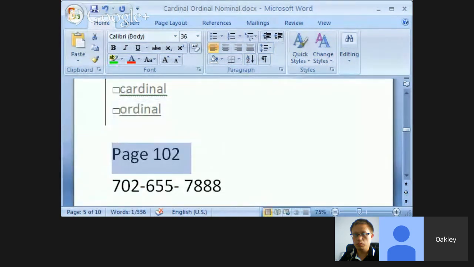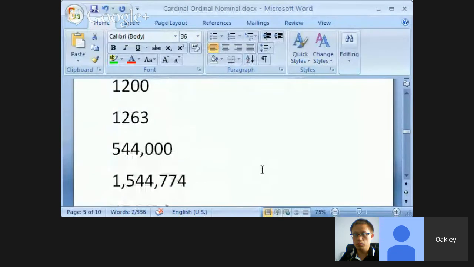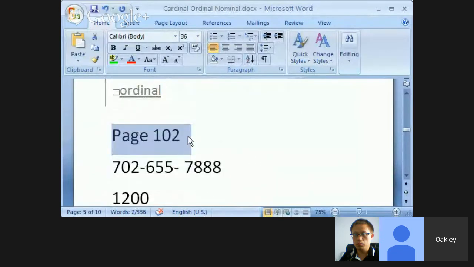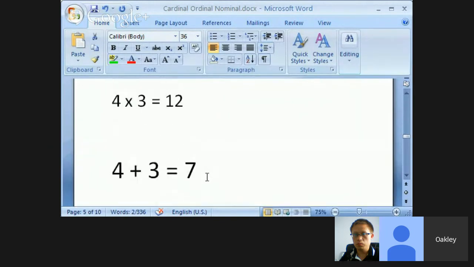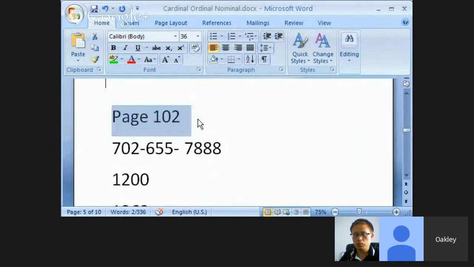All right. Now we're going to look at a lot of numbers. I'm going to have you guys read these numbers. I want to hear how you sound when you read all of these different things. Okay, Xingyu, you're up first. How would you say this in English? Page 102.